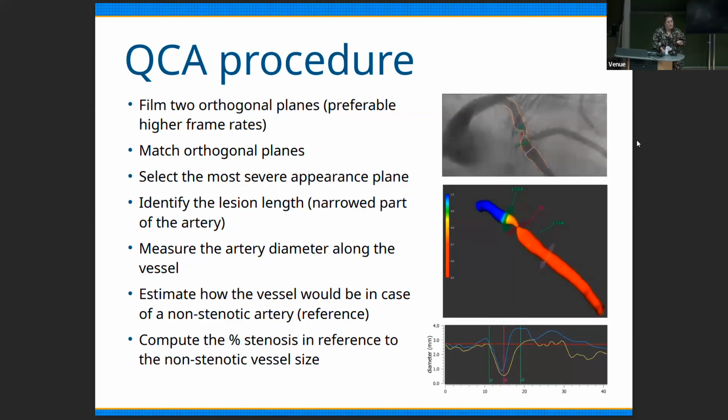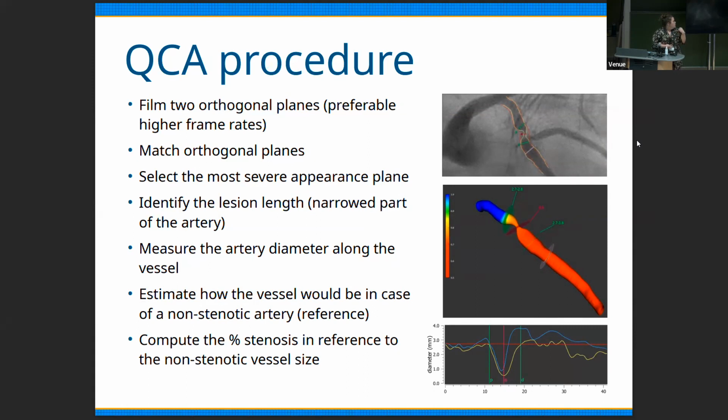So the procedure of QCA implies these steps. The first one will be to film at least two orthogonal projections of the lesion, which need to be matched, and then select the most severe appearance plane, because that's the one which is determining the severity of the lesion, and identify the lesion length. This is where it starts and where it ends.